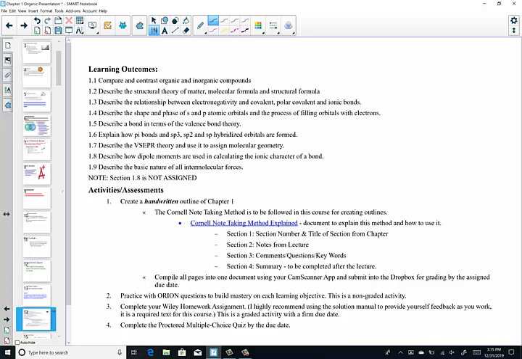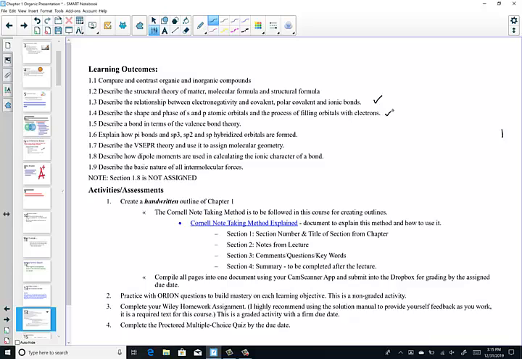We need to compare and contrast organic and inorganic compounds. You'll describe the structural theory of matter, a molecular formula, and compare it to a structural formula. You'll compare ionic bonds with polar covalent bonds and nonpolar covalent bonds based on electronegativity.